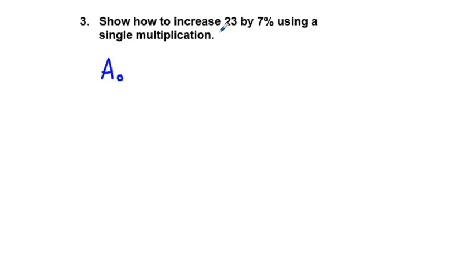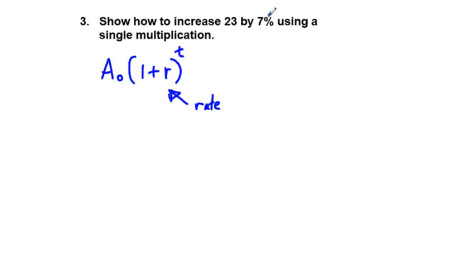And we have A sub 0 times 1 plus our rate, and then to the power of time, whatever that is. So our rate, this r here, in this basic exponential relation formula, is not a percentage, but a decimal.